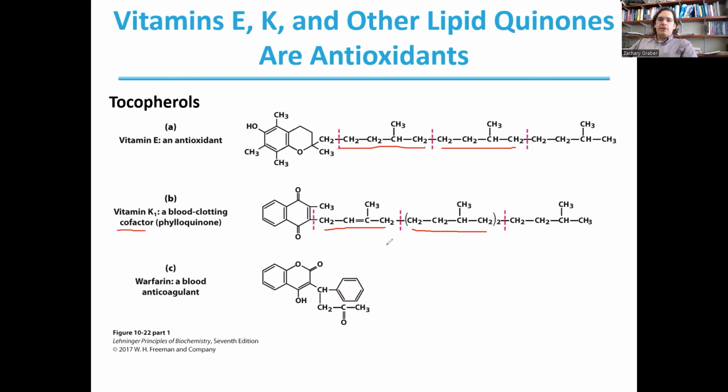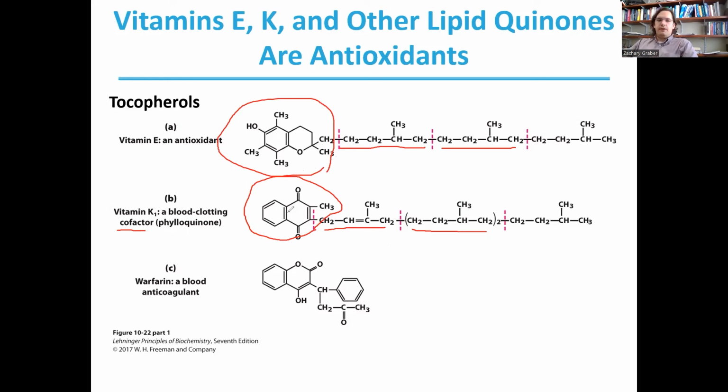The isoprenoid structure of these vitamins mostly serves to create a very nonpolar anchor for each of these vitamins. The key chemistry of our vitamins occurs in this cyclic head group for our vitamin E and vitamin K. Now, of course, the head group itself is still relatively nonpolar, so this isn't a true polar head group like we see with phospholipids.